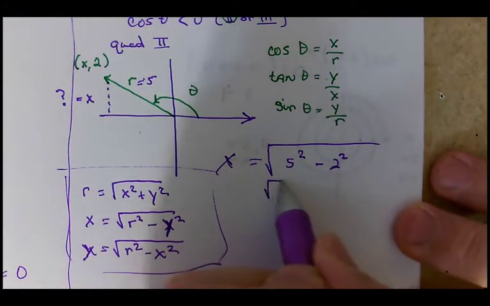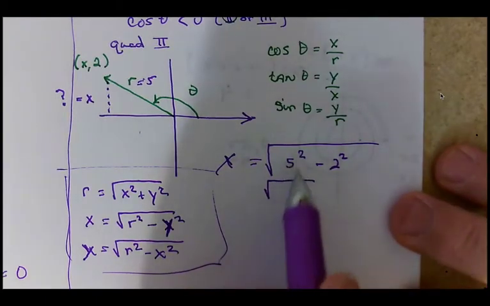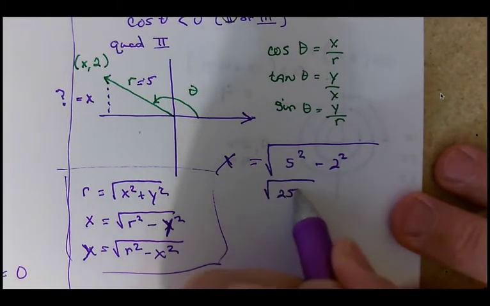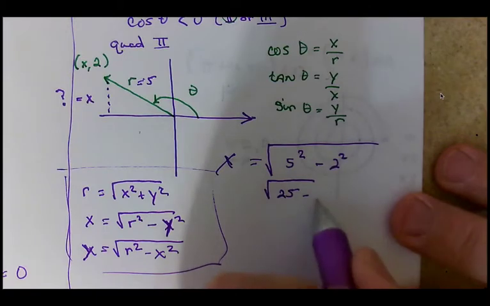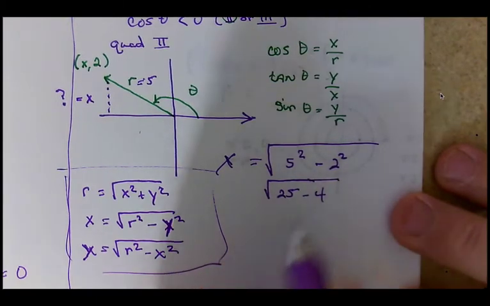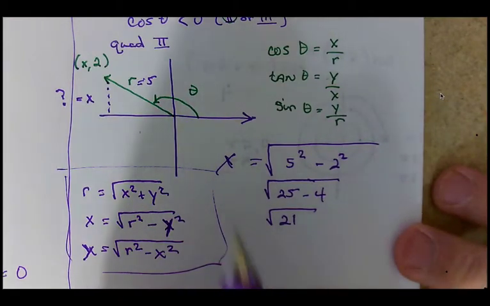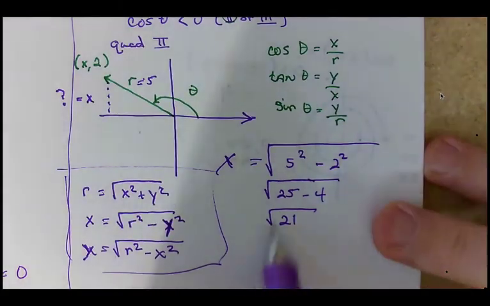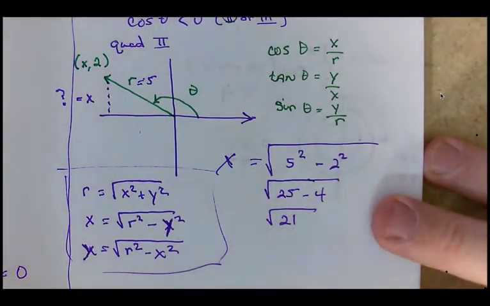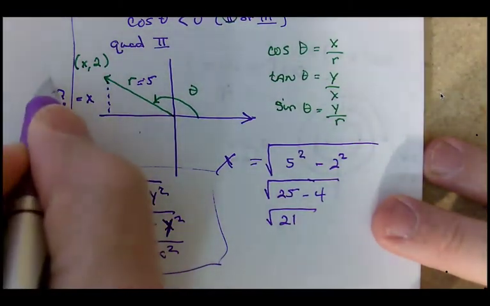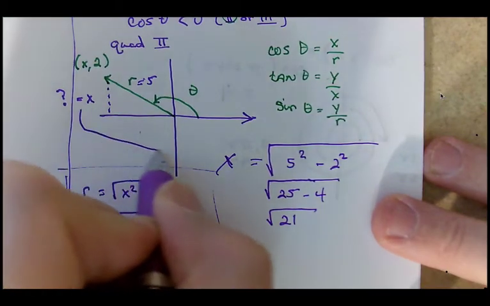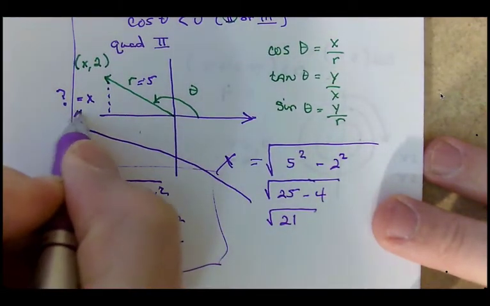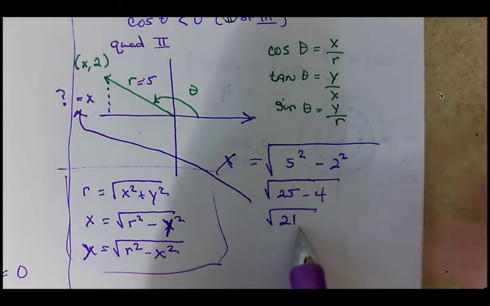Go ahead and break it down even further. 5 squared is 25 minus 4, which is equal to the square root of 21. This is my x value.